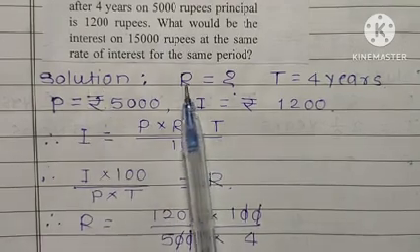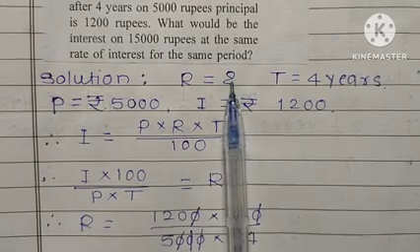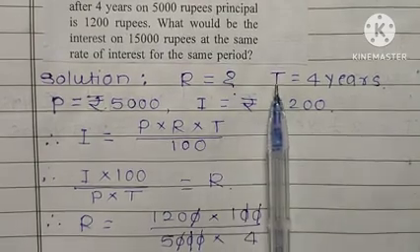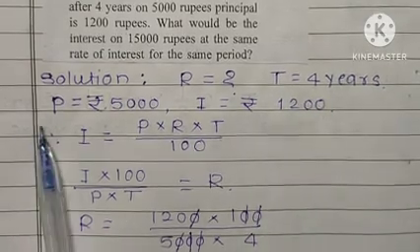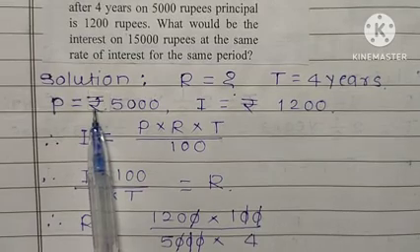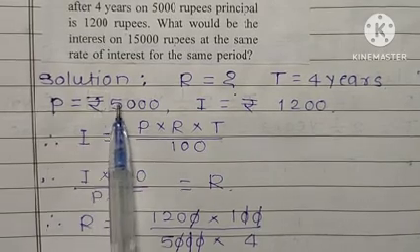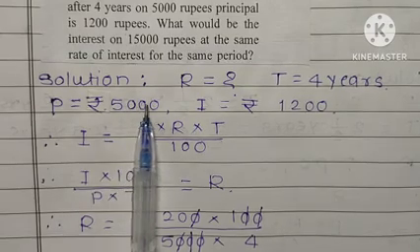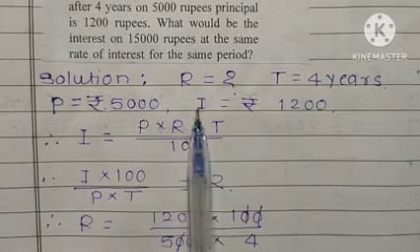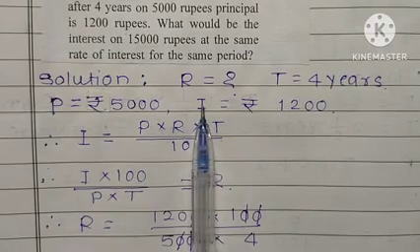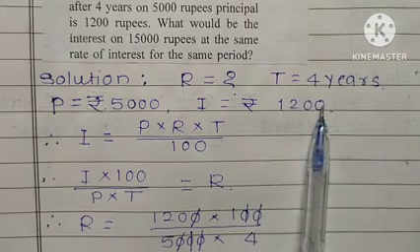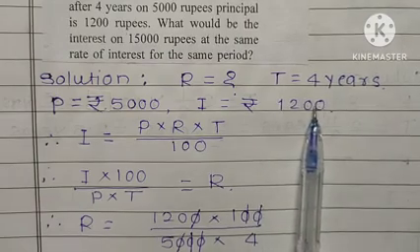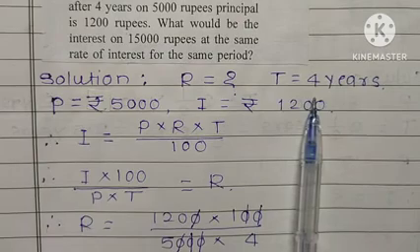Here R, that is rate of interest, we don't know. T, that is time period, 4 years. P, that is principal amount, first it is given 5,000 rupees. And I, that is interest, is given rupees 1,200. From this you find out R.